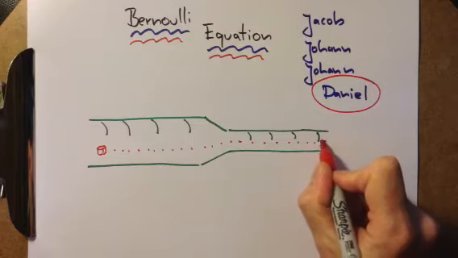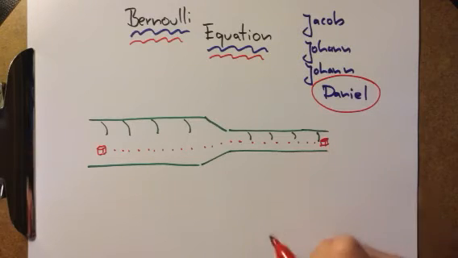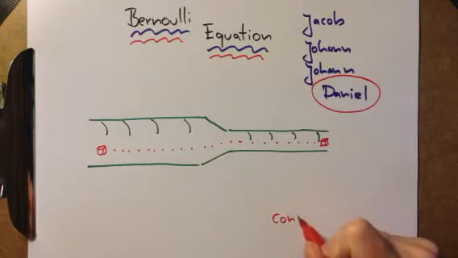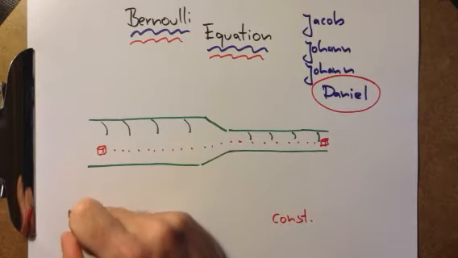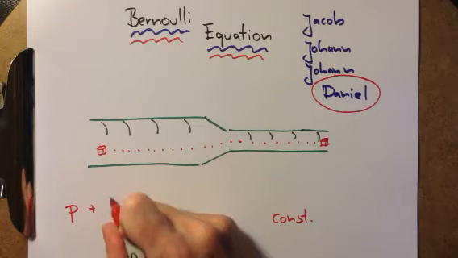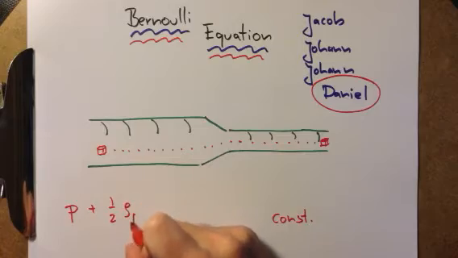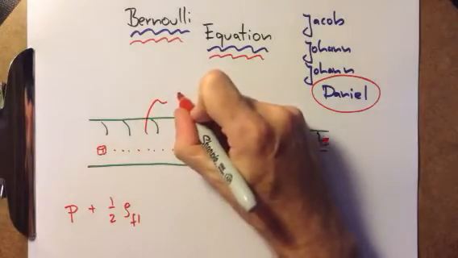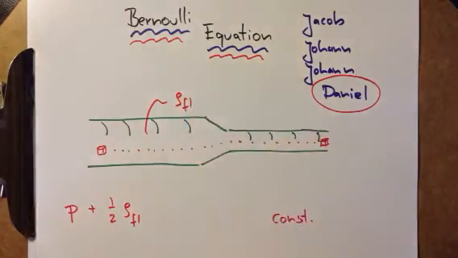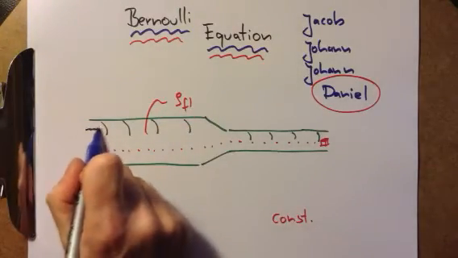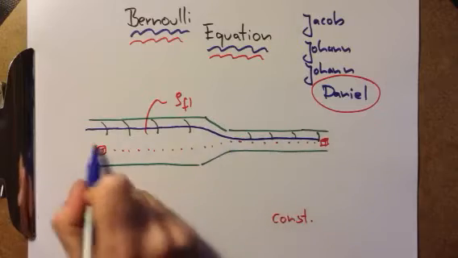So at the end it'll be over here. And it says that something stays constant, namely the sum of pressure, 1/2 fluid density, maybe water, this might be water flowing through here, which is a very common case.